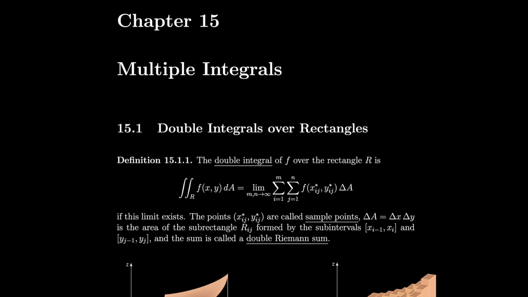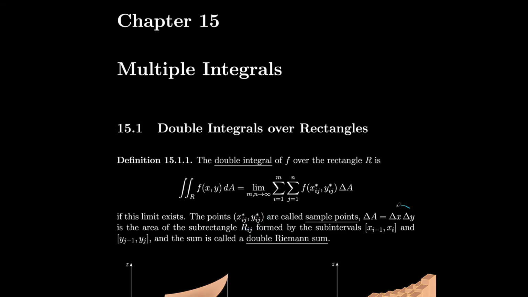The double integral of f over the rectangle R is this double integral symbol over here, of f(x,y) dA, and we set that equal to the limit of this double Riemann sum of f(x_ij*, y_ij*) delta A. The points x_ij* and y_ij* are called sample points.